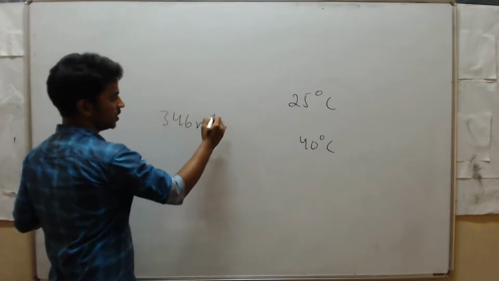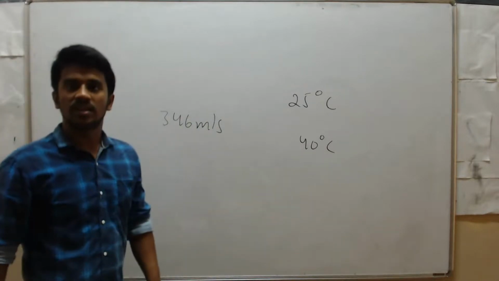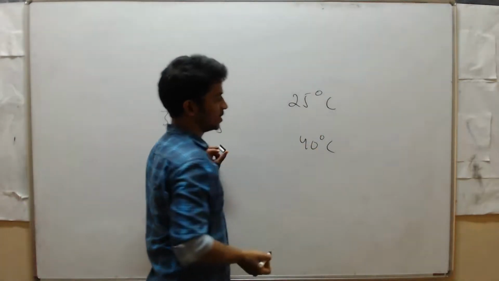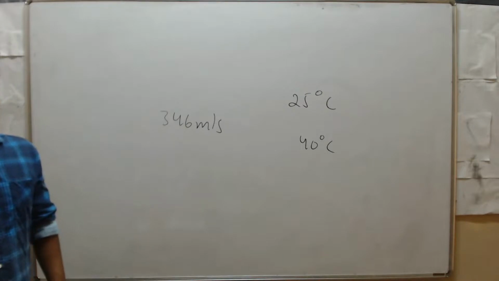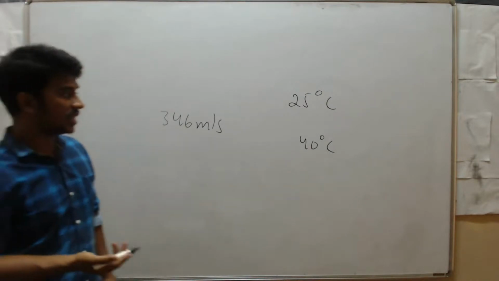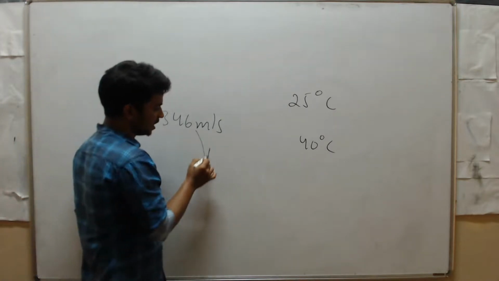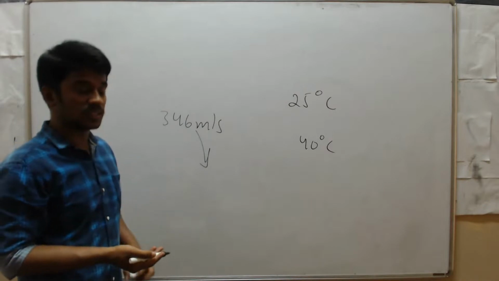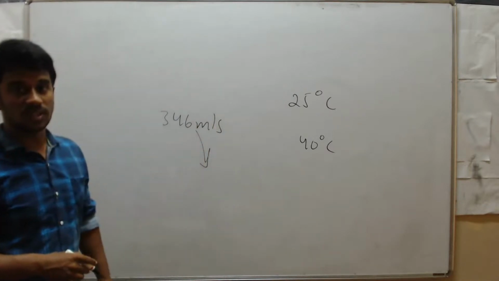Now I will increase the room temperature to 40 degrees Celsius. At that time, do you think this speed increases or decreases? When you increase the room temperature, the speed increases.